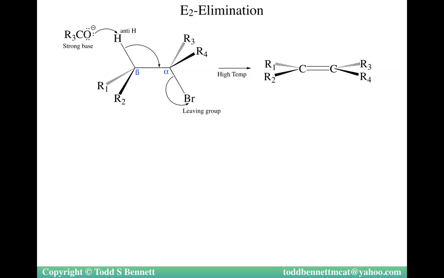So high temp, I want to emphasize the fact that we're breaking 2 sigma bonds to form a new sigma and a new pi. Pi bonds, double bonds are stronger than single, but within it, the sigma bond is always stronger than the pi bond because the pi bond doesn't have electron density between the nuclei. So we're breaking 2 sigma to form a sigma and a pi, which means we're always working uphill.